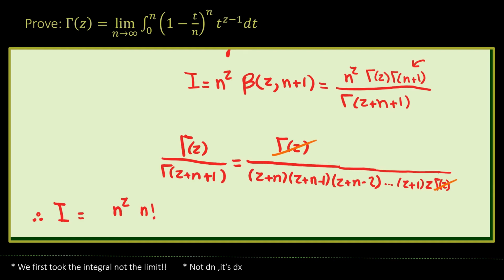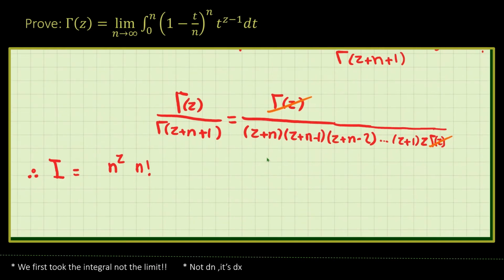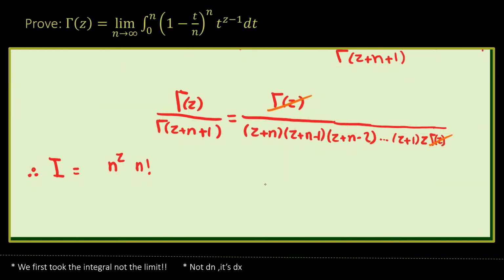Okay, as we know that gamma n plus 1 equals n factorial, over z plus 1, we begin from here, till z plus n.